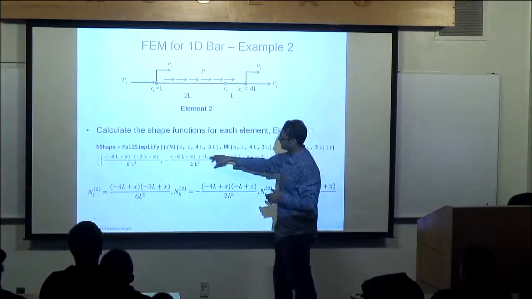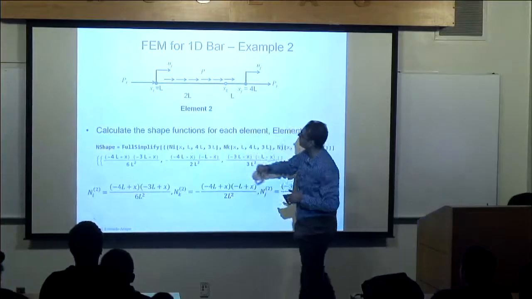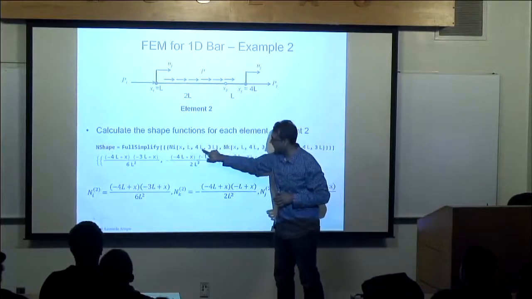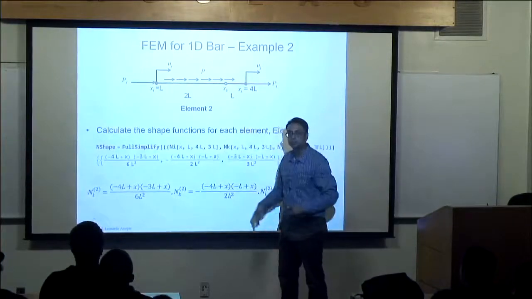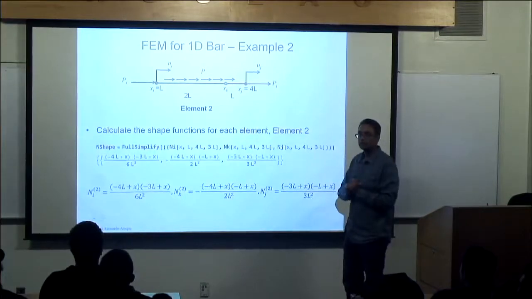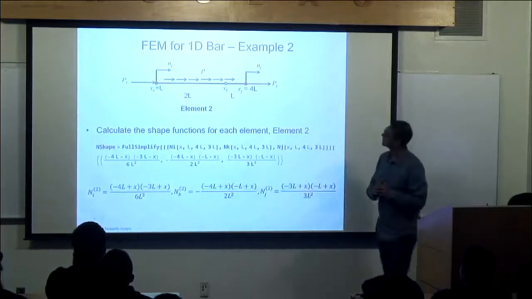Again, I plug in the coordinates for xi, xj, and xk. You have to plug this in correctly. If you plug this in incorrectly, everything is wrong. So you have to have the coordinates of the nodes in the element correct. You do that, it gives you the shape functions.